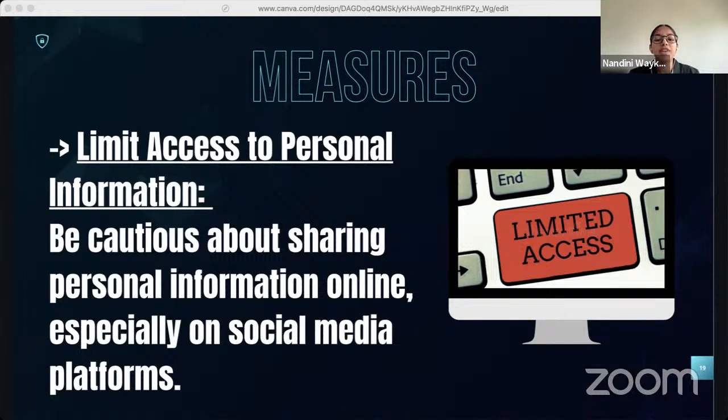We should be very careful before giving any sort of access, and not only to social media, but also things we use in daily life, such as Google or Gmail. We should review our privacy settings and only share information with our trusted contacts.